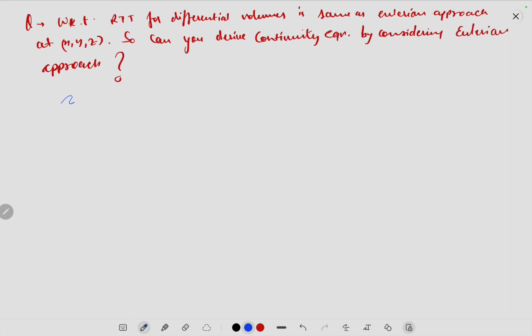So I can use dm by dt equal to 0 because the conservation of mass tells me that I can neither create mass nor destroy it unless I am in the relativistic regime.